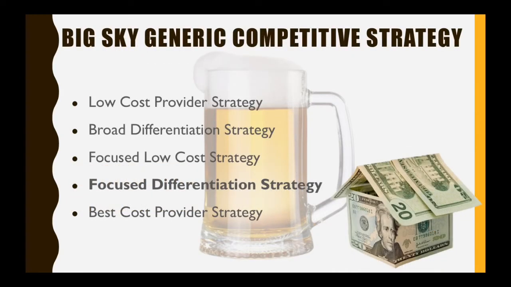Now, Branon is going to go over the recommendations that we have for the business level strategy of Big Sky. Thanks, Megan. The next segment of our presentation will cover Big Sky's generic competitive strategy, what it should be, and the tactics.